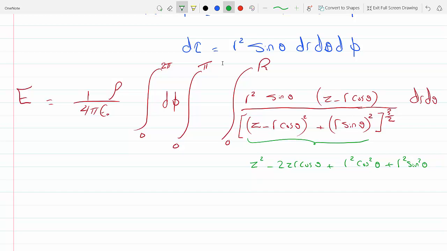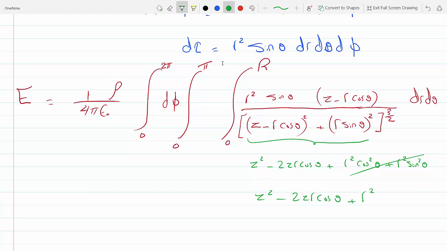Since cosine squared plus sine squared is 1, this is just r squared, so the denominator just becomes z squared minus 2zr cosine theta plus r squared.